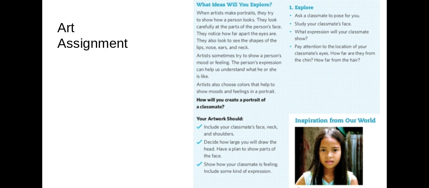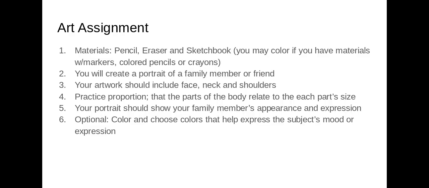Also, explore a little bit with your subject family member. Ask them to pose for you. Study their face. What expression will you show on their face? Pay attention to the location of your subject's eyes. How far are they from the chin? How far are they from the hair? And a subject, just so you know, is the person that you're drawing. Just want to make that kind of clear.